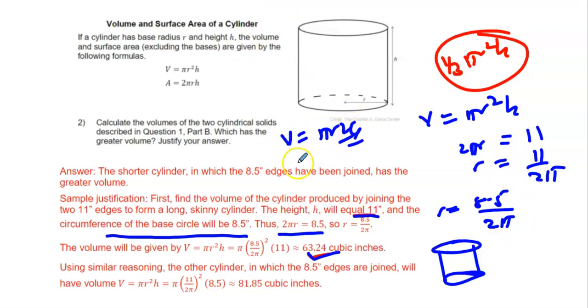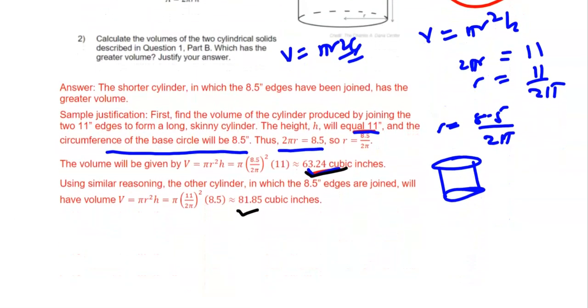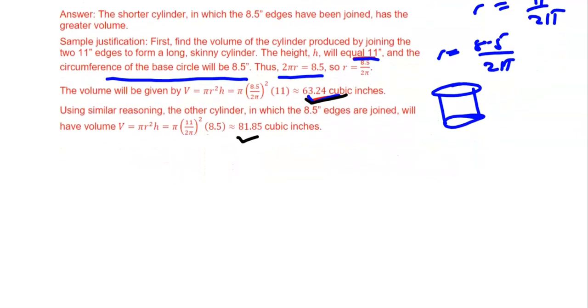When you find the volume for the first one, you get 63.24 cubic inches, and for the second one, you get 81.85 cubic inches. And so you realize that the bigger the radius that you get, the greater the volume.